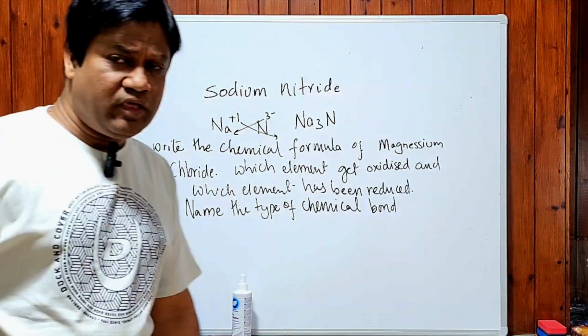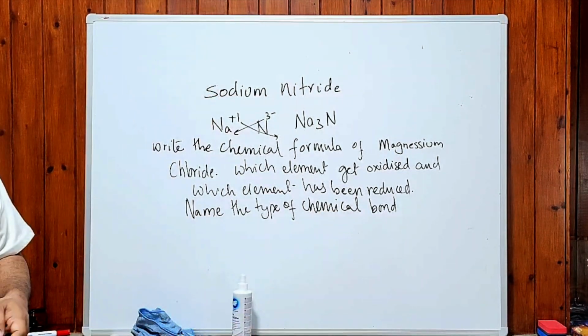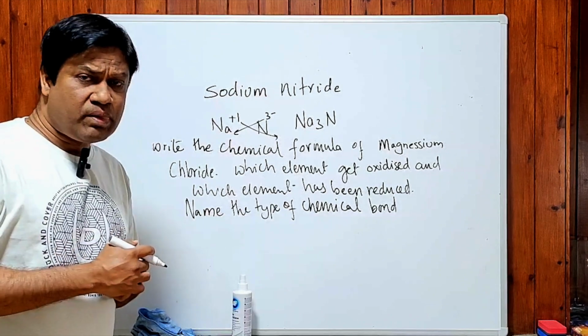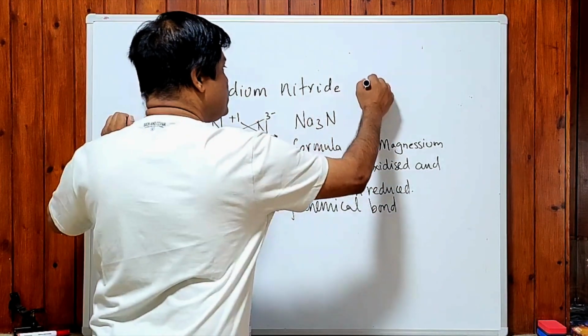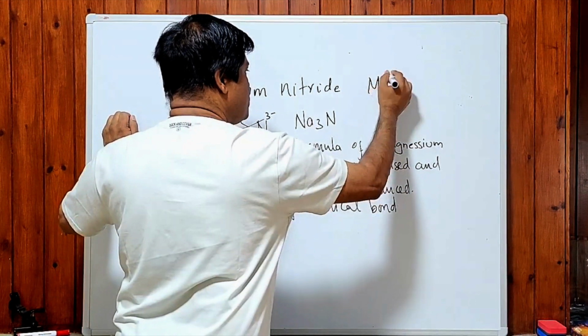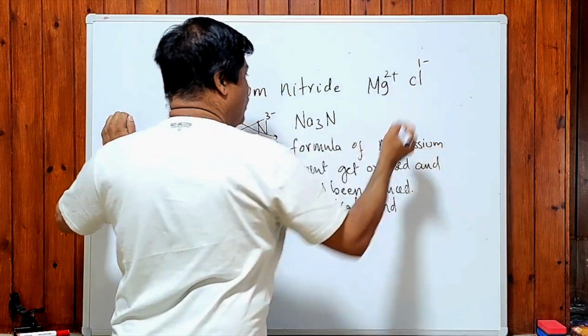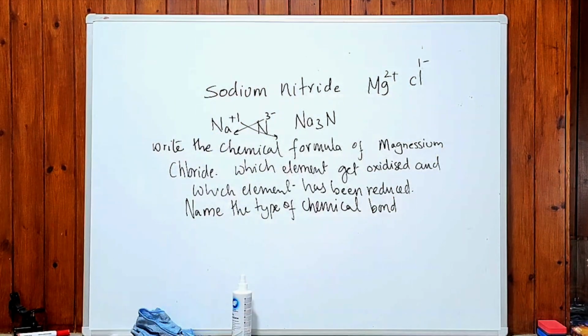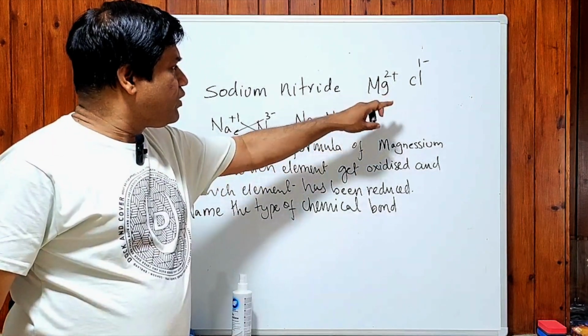Can you try the formula of magnesium chloride, guys? The technique I showed you. Magnesium is in which group? Anyone? Magnesium is in group 2. So magnesium loses 2 electrons, Mg2+. Cl gains 1 electron, Cl-. What is the term we give for a negative ion?